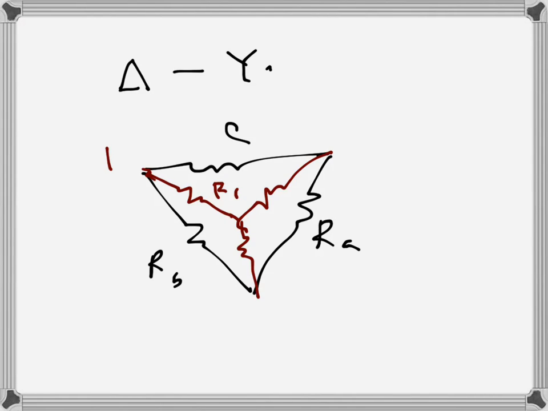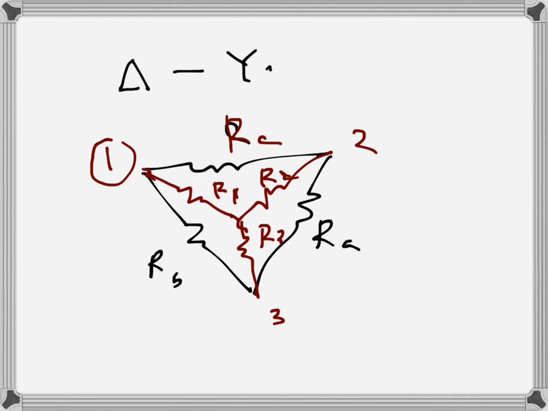Let's call it R1. Let's call this one 2, this resistance R2, and this node is 3. This could be anything else, this could be XYZ or whatever, so that doesn't matter. So this is RC, not just C, just to be consistent.